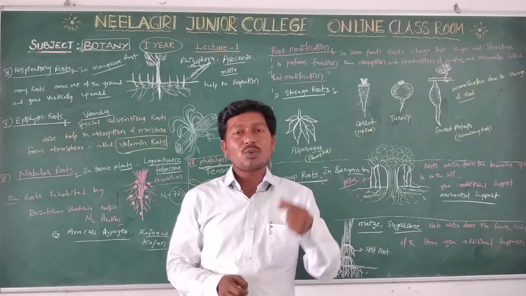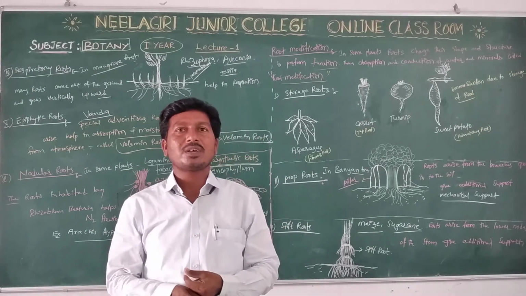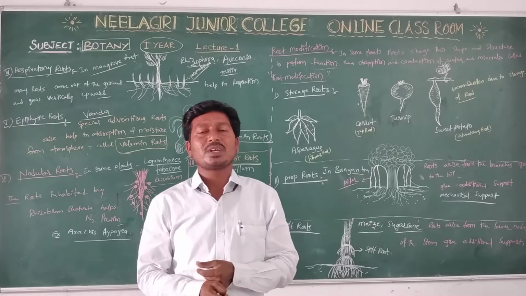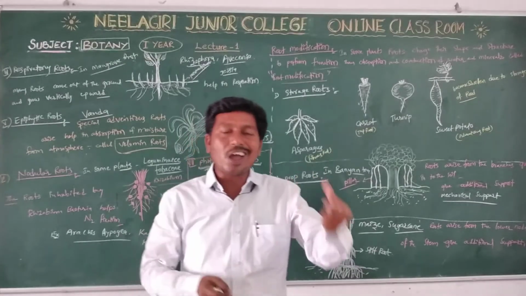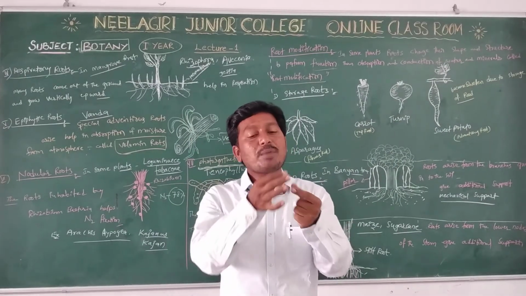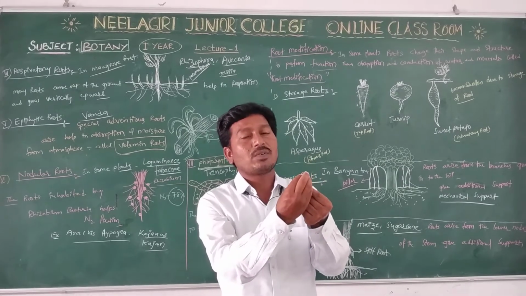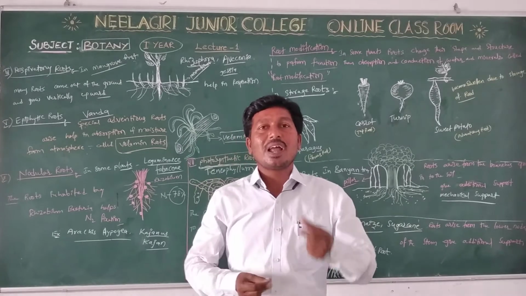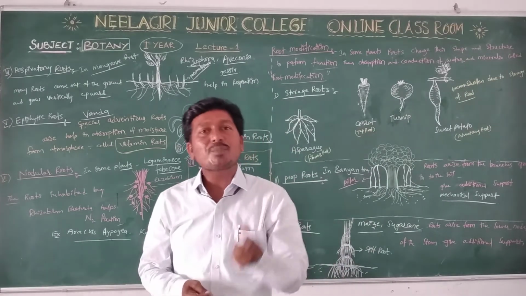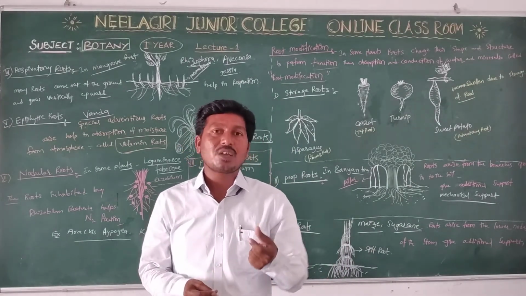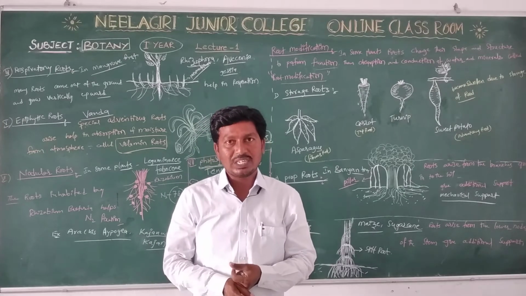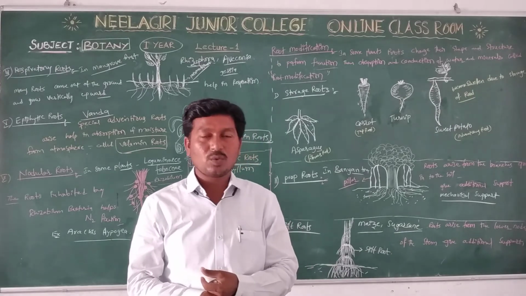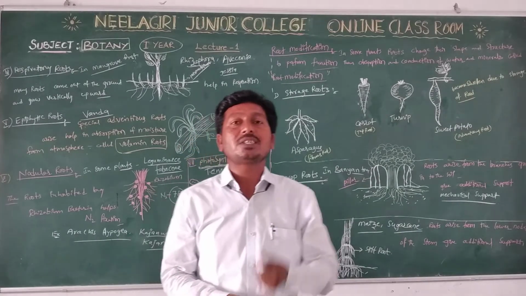And the fibrous root system. What is the fibrous root system? The primary root is short-lived and is replaced by a large number of roots. This is the fibrous root system. It is seen in monocotyledonous plants: Oryza sativa, maize, sugarcane.